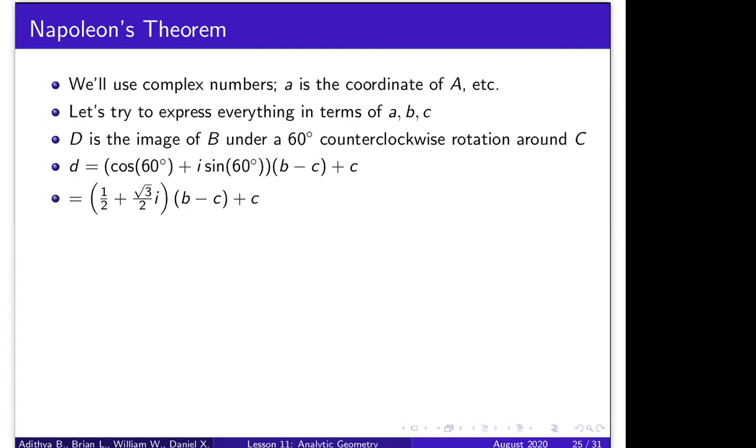This is just cleaner to manipulate. If we do that, we get (1/2 plus √3/2 i) times b plus (1/2 minus √3/2 i) times c. Does everyone see how we can get this? We take the minus c out of the first factor and group it with the second term.